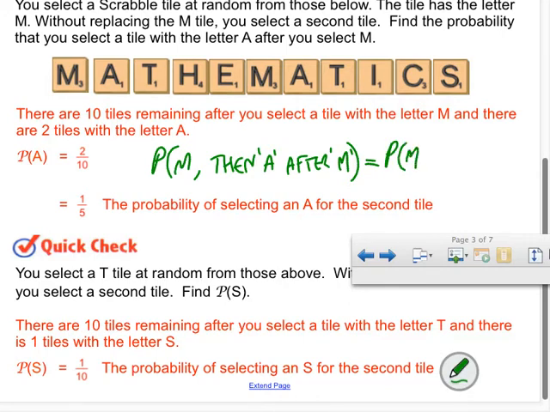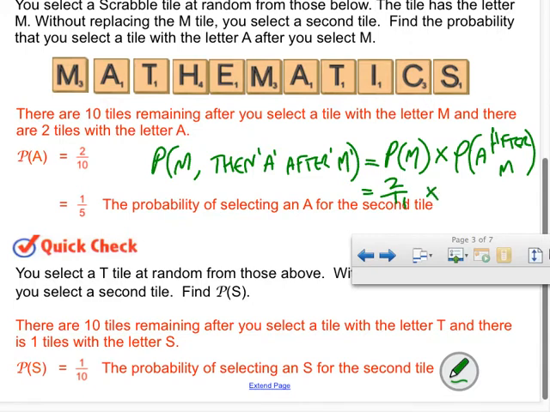Probability of picking an M. And we got to multiply that by the probability of A after M. Okay? So what's the probability of picking our M? Robert? It's 2/11. 2/11 because there's 2 M's out of 11.